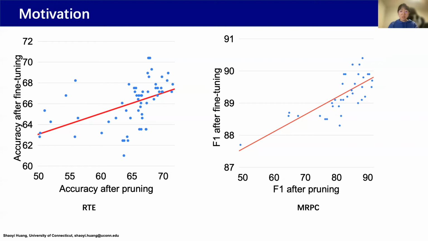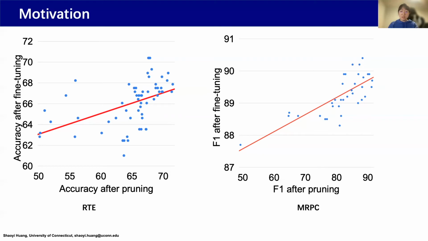Here, these are two figures of RTE and MRPC. Each blue dot in all the figures represents a candidate, while the values on the x-axis and the y-axis stand for the accuracy or metric values after pruning and the value after fine-tuning.